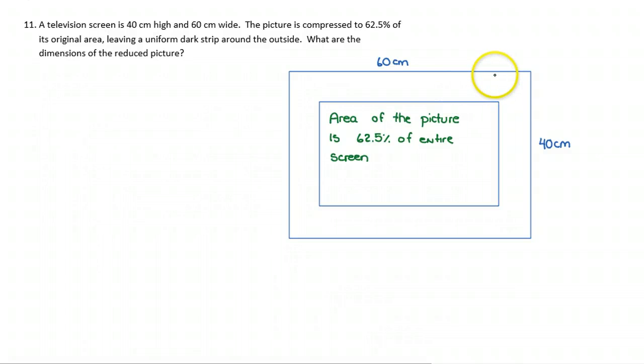So since this is uniform, what I know is that the distance from the tip of my picture to the tip of the screen is the same all the way around. So it's x, x, x, x, x, x, x, x.